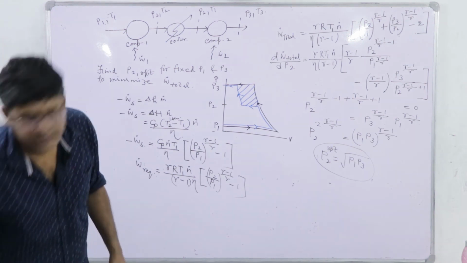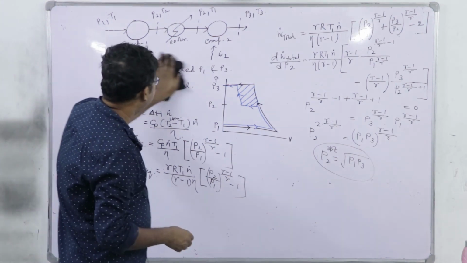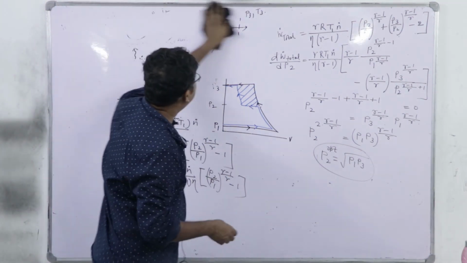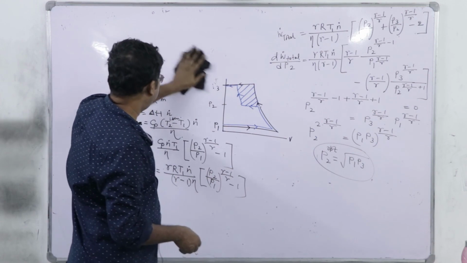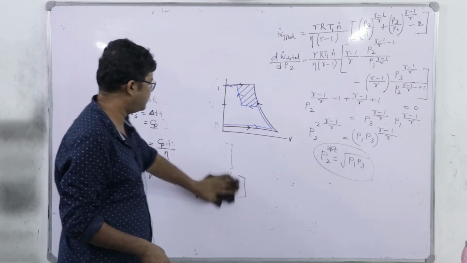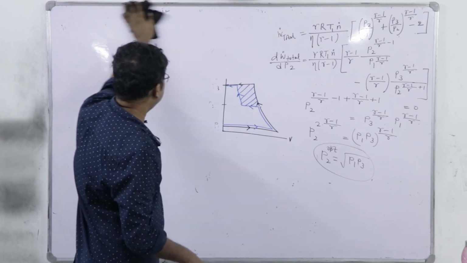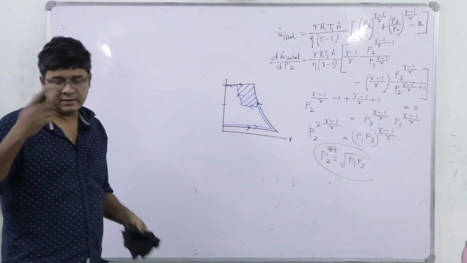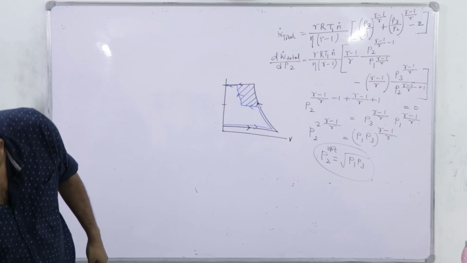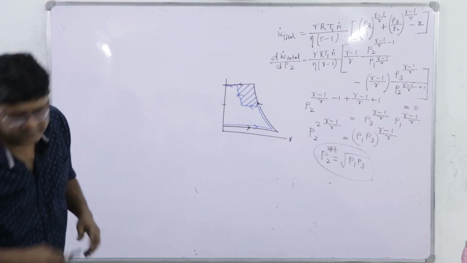So, lastly, we will discuss again a very simple phase space conversion problem, that is, from PV, if a cycle or curve is given, then what should be its shape in the TS space.